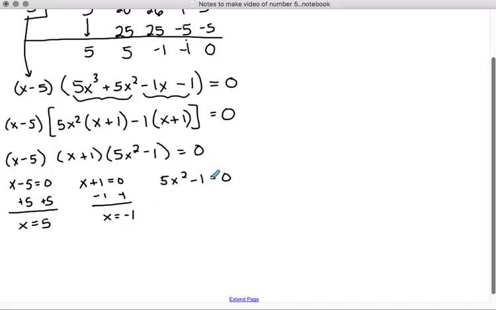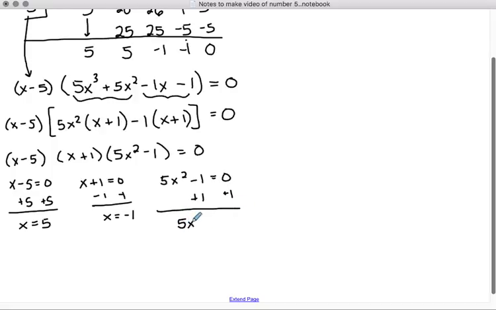And here I need to solve this quadratic. It doesn't look like it's going to be easy to factor because it's not a difference of two squares. But it doesn't have a linear term. So maybe I can get the x squared alone on one side and get the numbers on the other side. So let's see if I can do that. I'm going to add 1 on both sides.